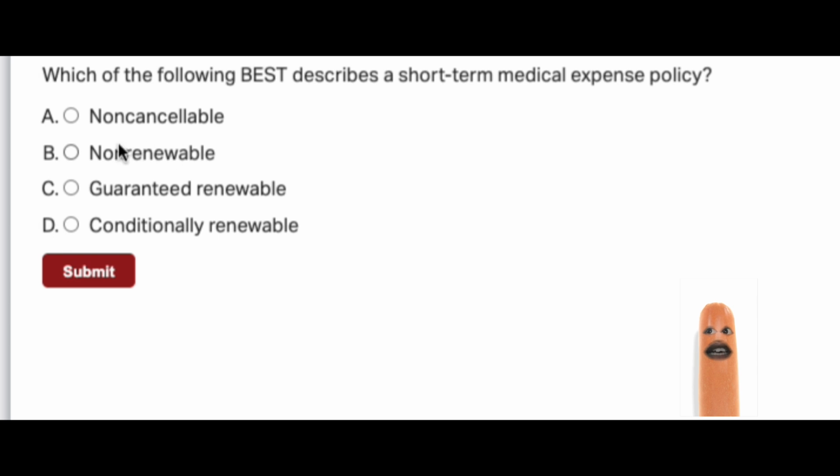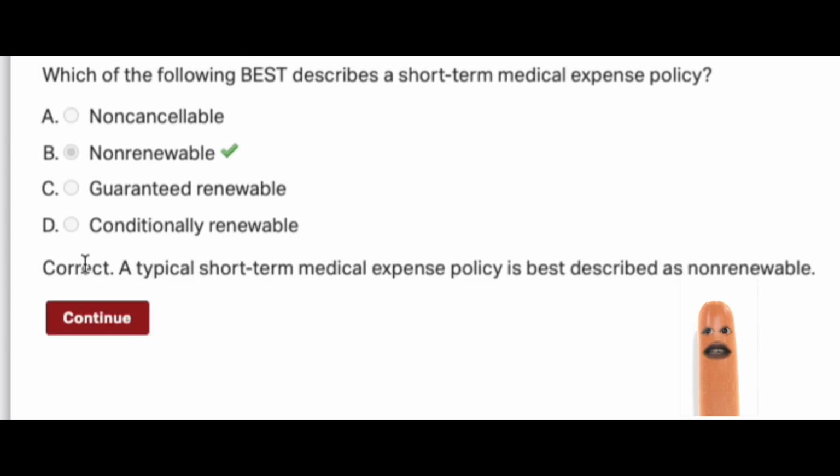I'm gonna go with non-renewable, Bebop, for 50 points. Ding! Correct. A typical short-term medical expense policy is best described as non-renewable. That's right. Take notes.